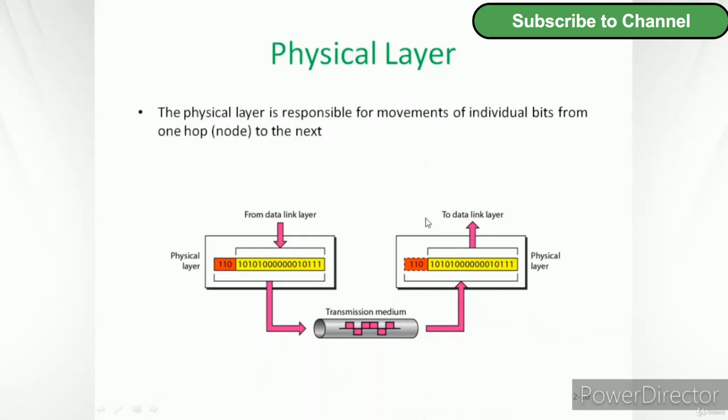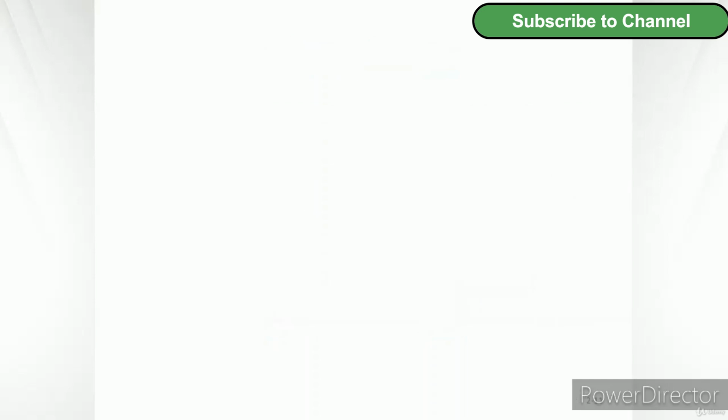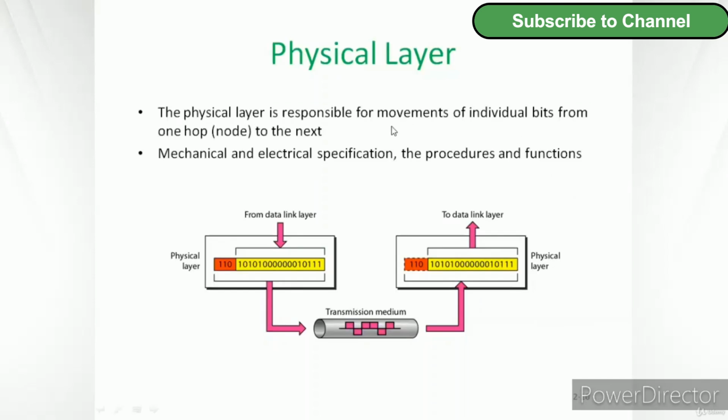The physical layer is responsible for movement of individual bits from one hop to the next one. Here, mechanical and electrical specifications are defined, as well as the procedures and functions.